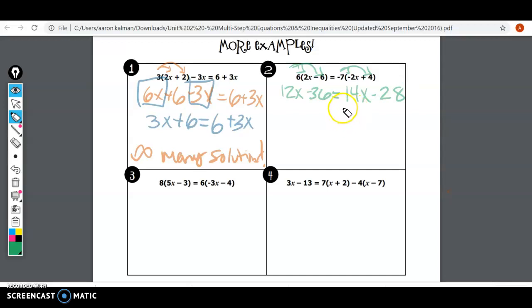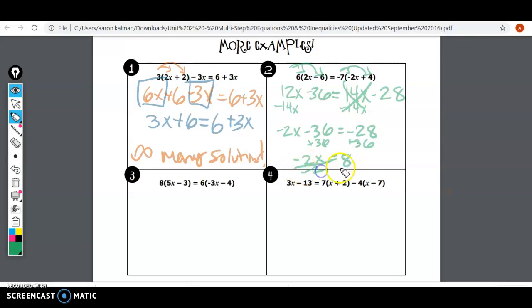Keep on solving. I'm going to subtract 14x and move it over to the left side. Canceling out there. -2x minus 36 is left over on the left, and a -28 is left over on the right. Adding 36, and we're left with -2x equaling 8.